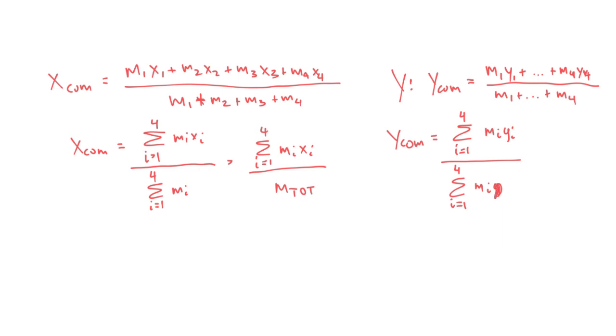Okay, so then that equals the summation from i equals 1 to 4 of Mi Yi over M total. So that's the summation form of the X center of mass and the Y center of mass.